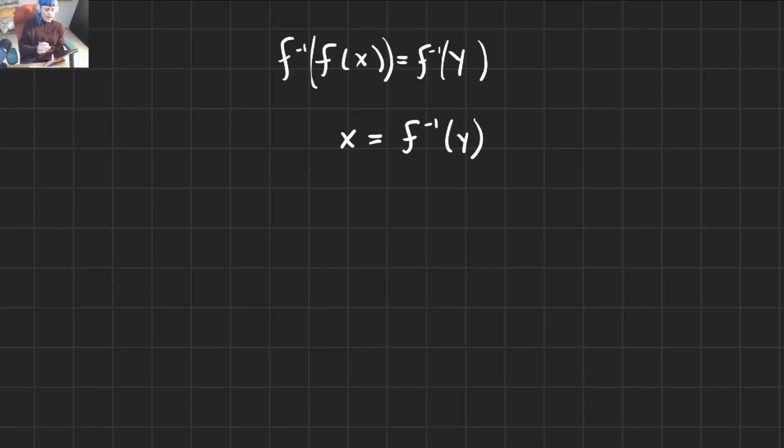So to actually put that into practice, what we're going to do is we're going to take our f of x, which in this case is x squared, and we're going to switch out the variables.